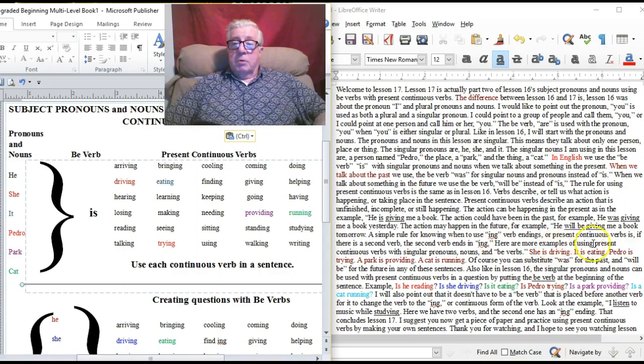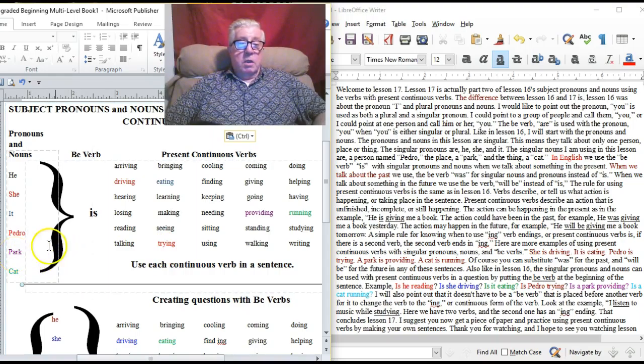Here are more examples of using present continuous verbs with singular pronouns and be verbs. She is driving. It is eating. Pedro is trying.